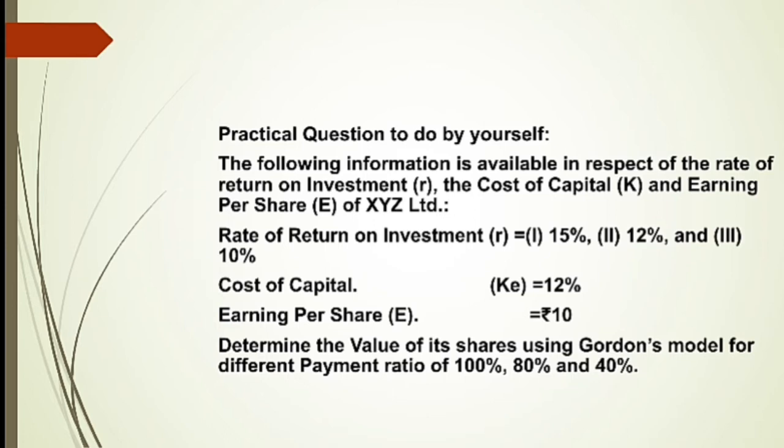Whenever you are going to solve a complex problem, first read the question carefully to see what it is demanding. Here the question is to determine the value of share using the Gordon dividend model based on different dividend payout ratios: 100%, 80%, and 40%.